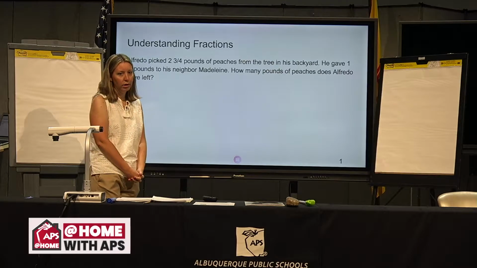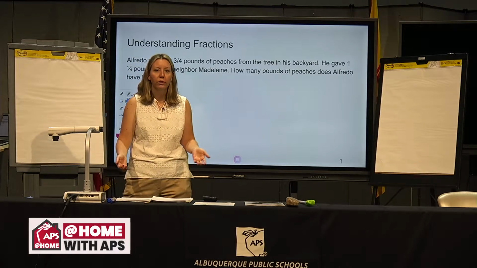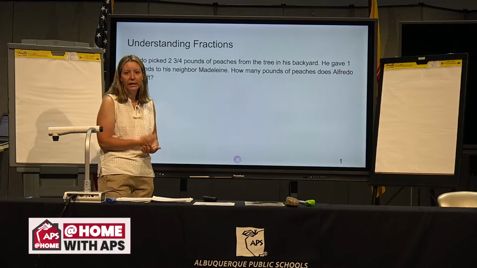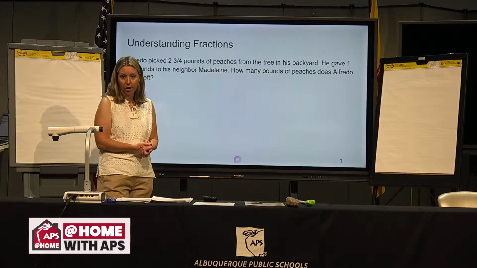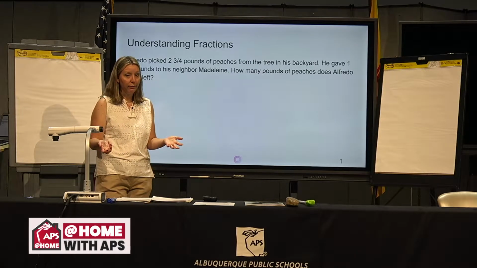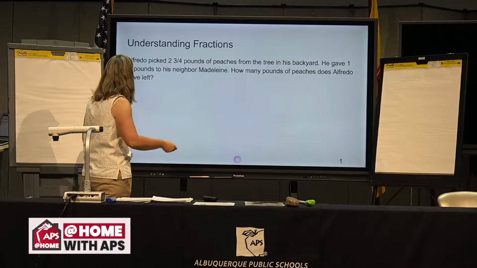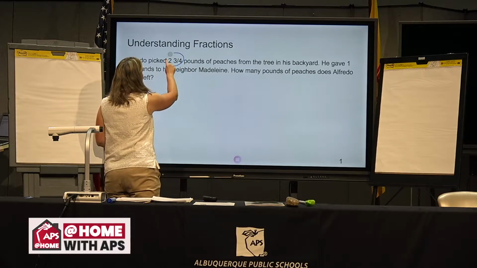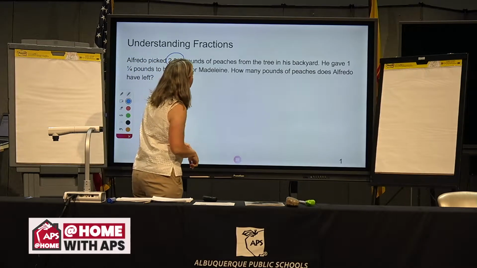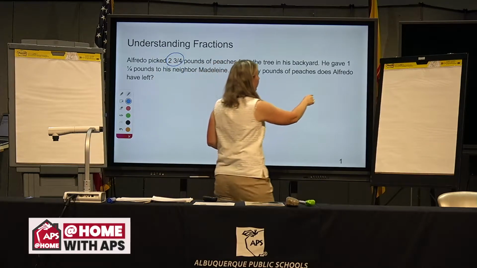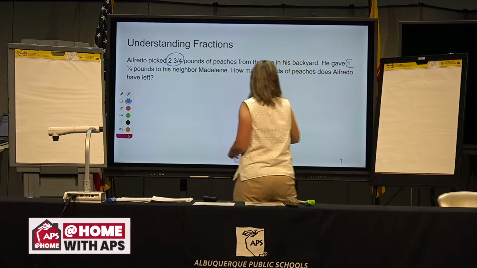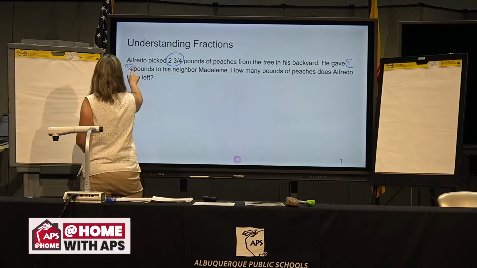All right. The tool I always use, we circle any numbers we need to go ahead and solve this problem. What do we have? 2 3/4, and then he gave 1 1/4. So I'm going to do an open circle there so we know. It looks like little ears, doesn't it?